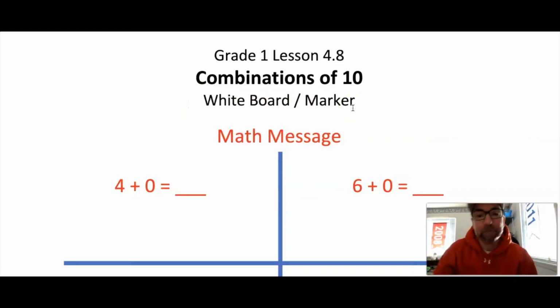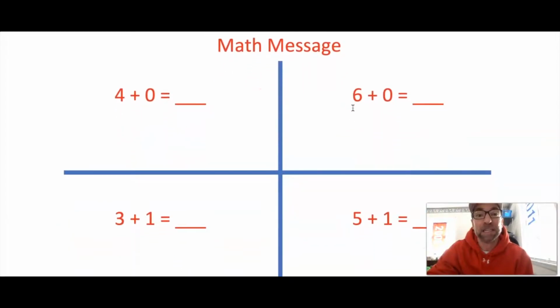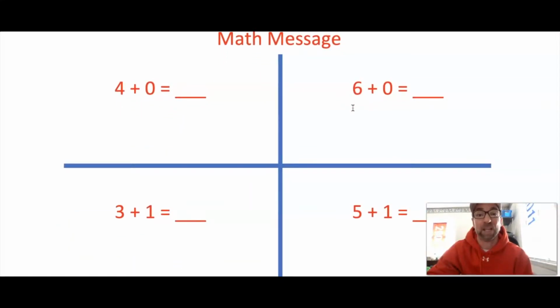Now, if you have your whiteboard and marker, I want you to make a really big plus sign so that you make 4 boxes on your whiteboard. You can see Mr. Enzi's really big plus sign. There it is. When I make that big plus sign, I make 4 boxes. 1, 2, 3, 4.